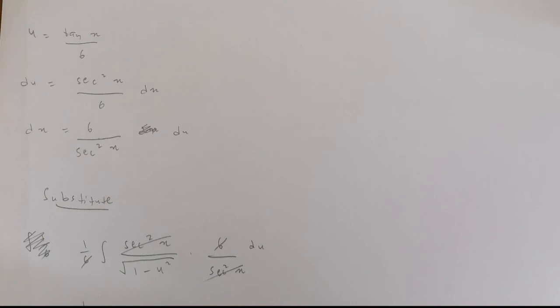After you've done substituting, you will get this: 1 over 6 integrate secant squared x over the square root of 1 minus u squared, and then times 6 over secant squared x du. Simplify it, cross out the secant squared x and the 6.